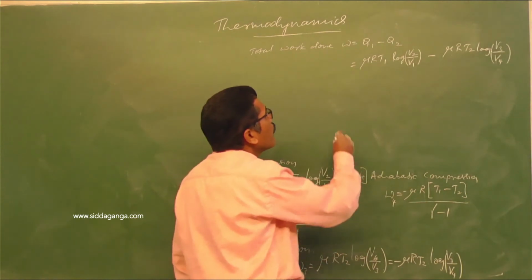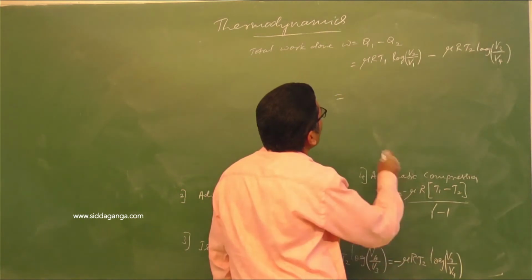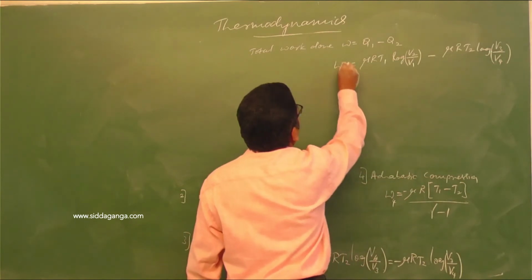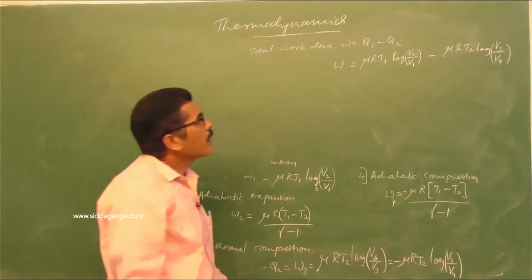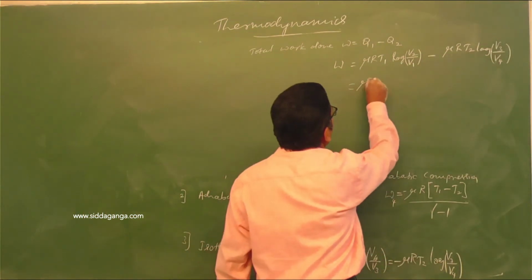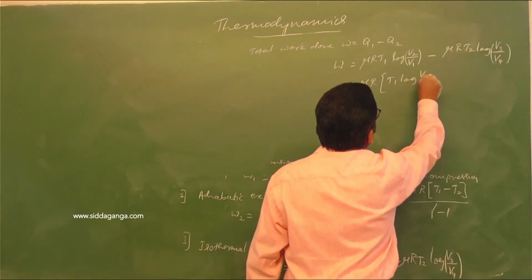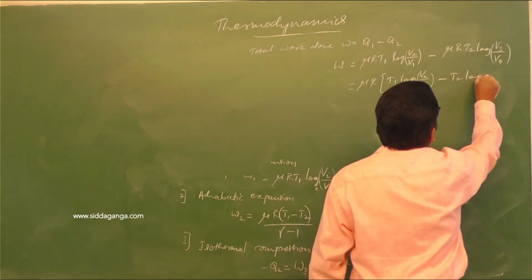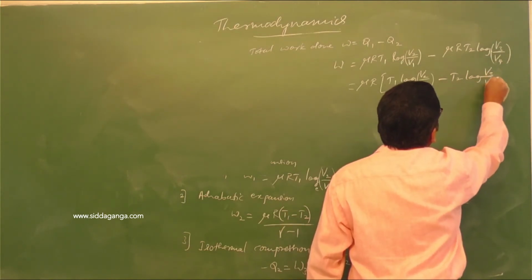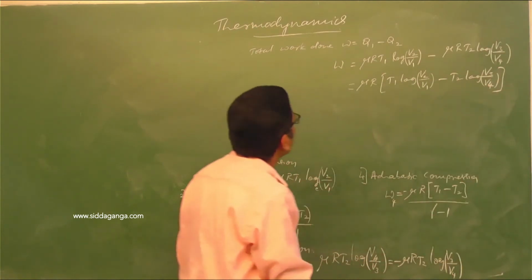Please take out the common mu R: mu R into T1 log V2 by V1 minus T2 log V3 by V4. Okay, this is the work done.